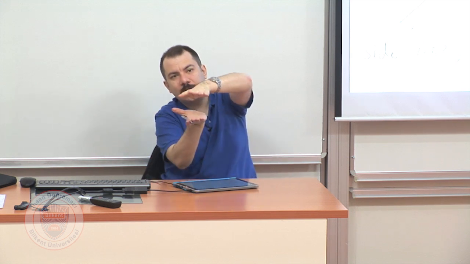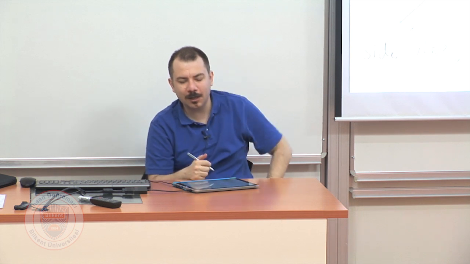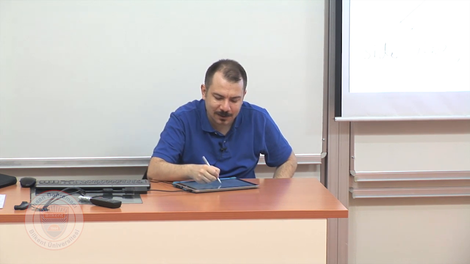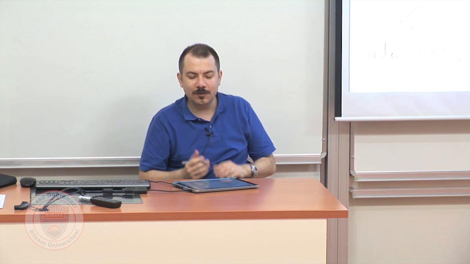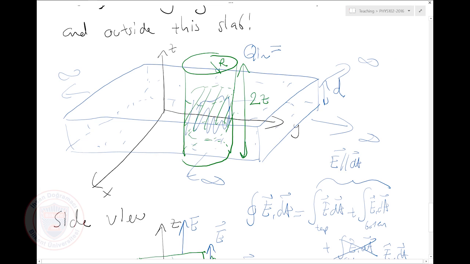Charges are only defined within the slab, and I'm interested in charges only inside my Gauss surface. So it's basically the cylinder, which is the intersection of the Gauss surface with the slab, that carries the charge. So what's the volume of that?